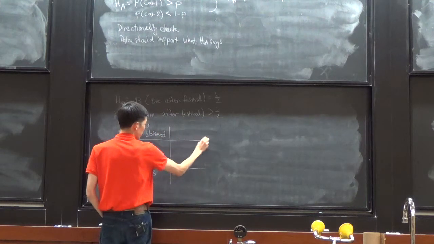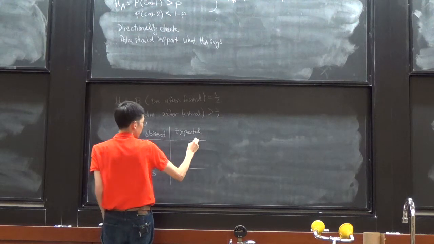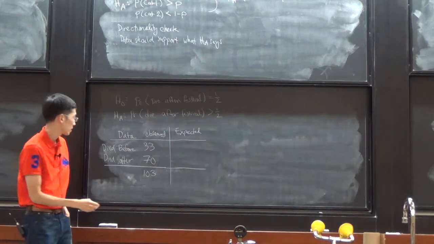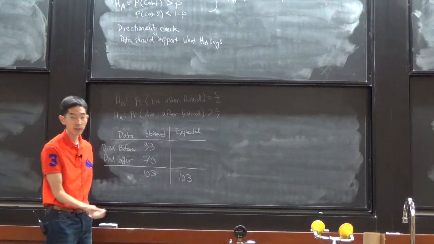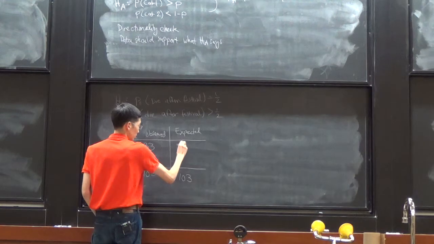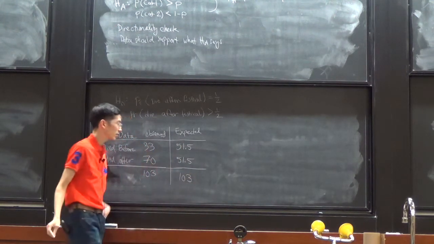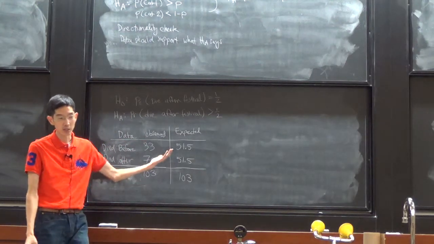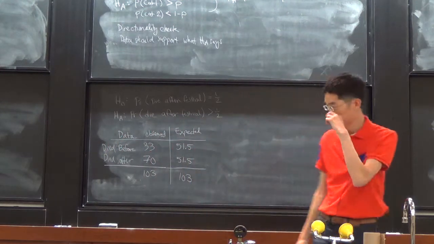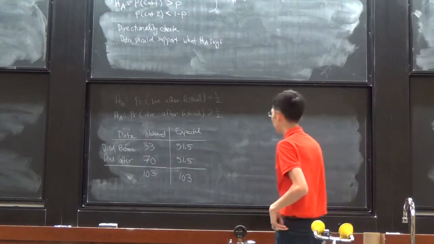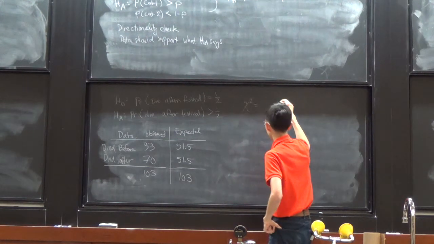If the null hypothesis were true, what would we expect? Expected under the null hypothesis, a total of 103 deaths, so we would expect half to be before and half to be after. So we would expect 51.5 before and 51.5 after. It's okay that we have a decimal, because these are just expected values, not anything that we would observe. Then we would go about calculating our chi-squared statistic.